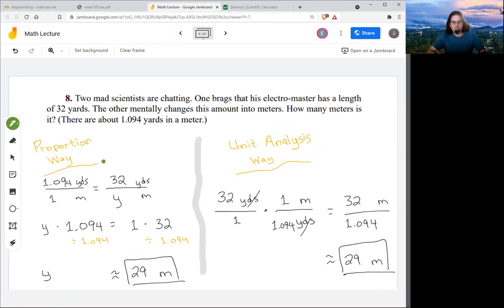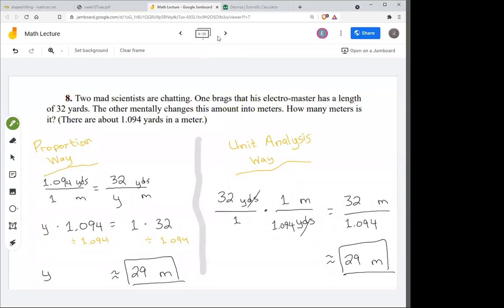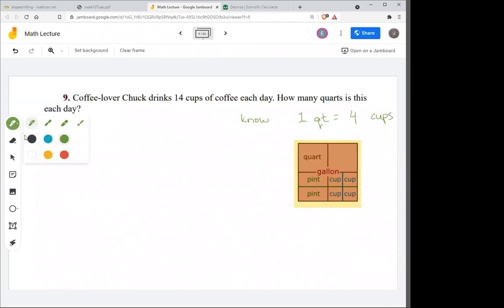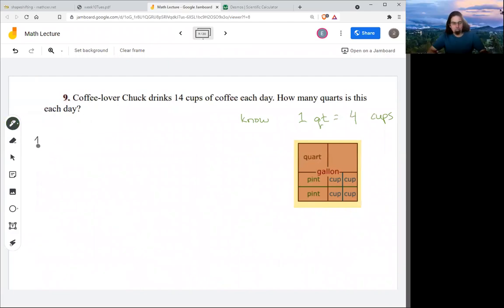Should we do this like a proportion or a unit analysis? Anyone have a preference? Unit. Okay, so it gives us 14 cups. Is that a fraction? No, so put it over 1. I want to get rid of cups, so I put the other on the bottom.